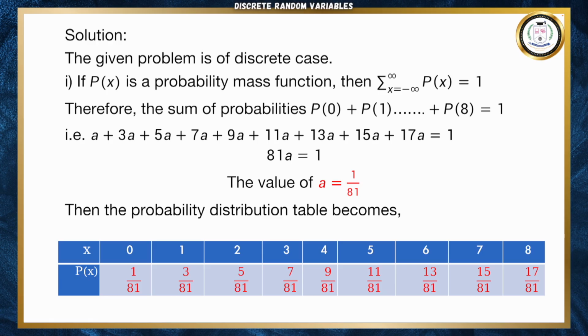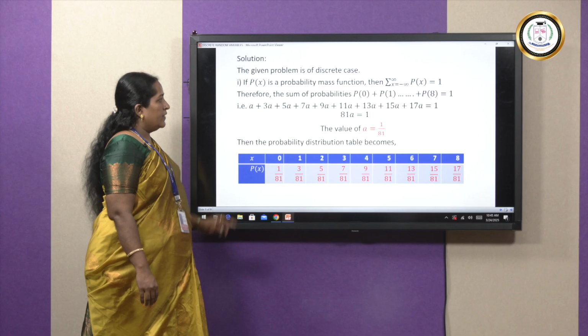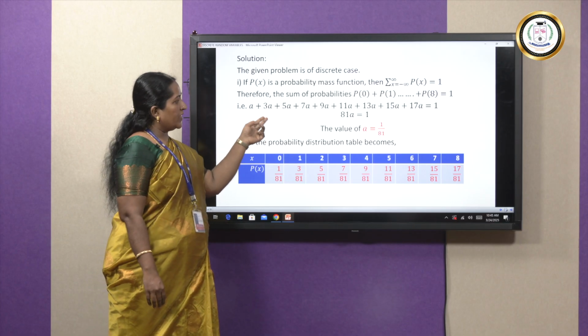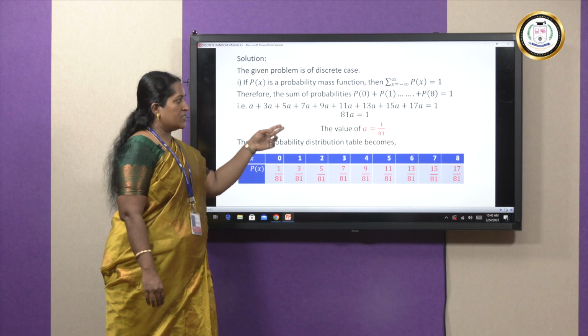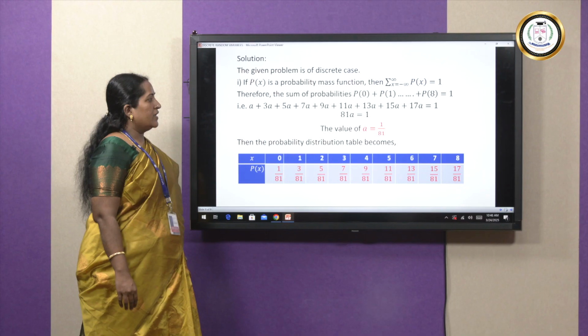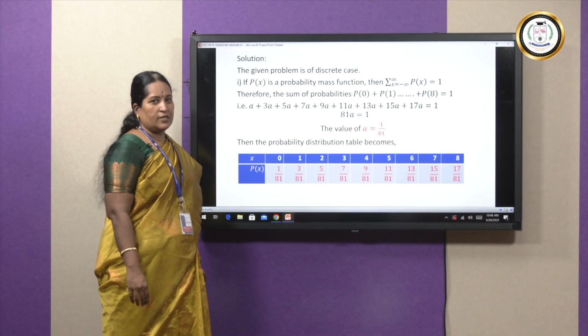Let us add all the probability values and make it equal to 1. The coefficient of every term is a. Adding all the values, we get 81a, which is equal to 1. Then bringing the coefficient to the other side, a is equal to 1 by 81.